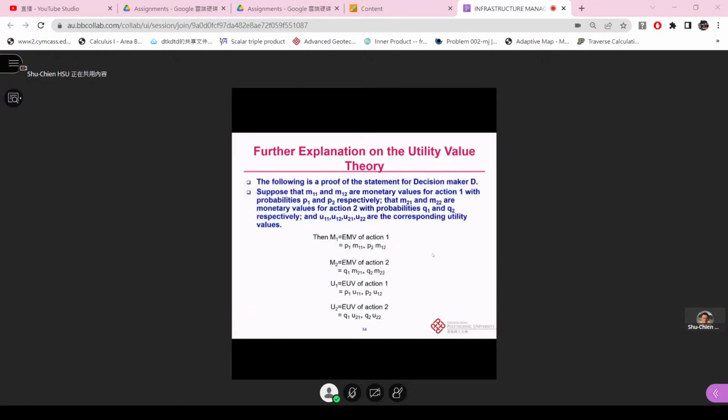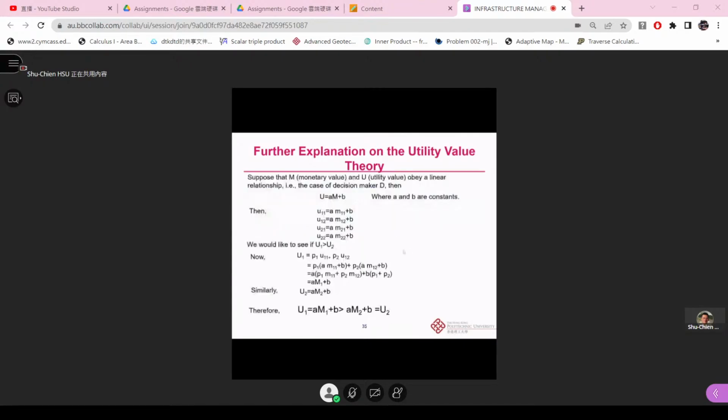The following is just a proof of the statement for the decision maker D. Suppose M11 and M12 are monetary values for action 1 with probabilities P1 and P2 respectively, M21 and M22 are monetary values for action 2 with probabilities Q1 and Q2 respectively, and U11, U12, U21, and U22 are the corresponding utility values. I don't really need to explain all this, but the final result is that the EUV with the straight line will equal the EMV.